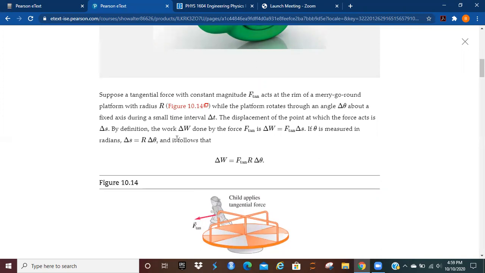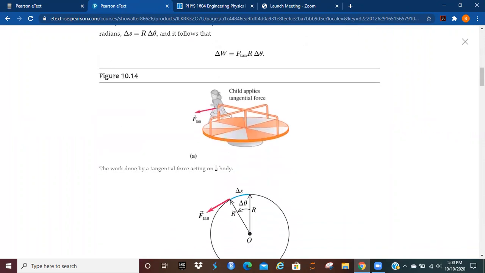So by definition, the work done by the force is going to be the tangential force times the change in the arc length. And if it's measured in radians, it follows that if we replace that length by this expression, this is what we would have as far as work is concerned.